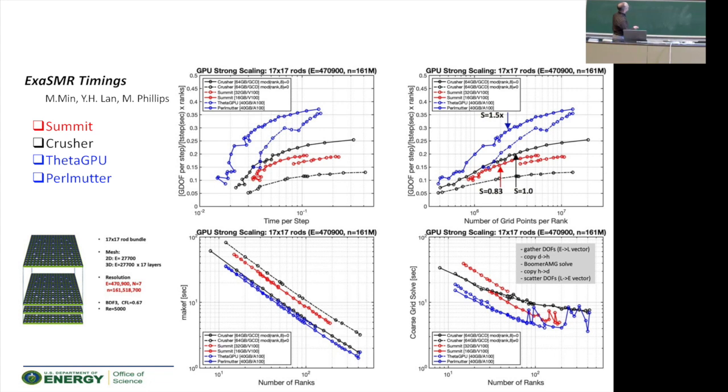And then Frontier is also, no, I take it back, I'm sorry. Summit is quite slow. Frontier is just as fast as the A100 for the advection kernel. But the coarse grid solve time, for Crusher here in black, is significantly slower than Perlmutter. So the network is not as good on Frontier and Crusher.